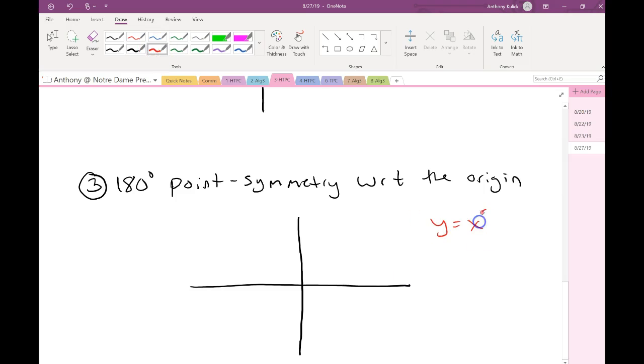What that'll look like, though, is something like y equals x cubed.